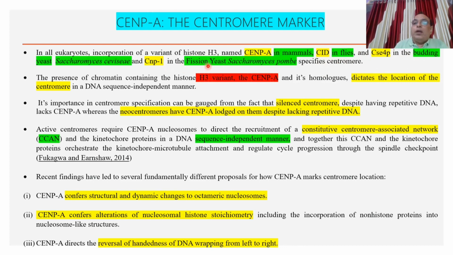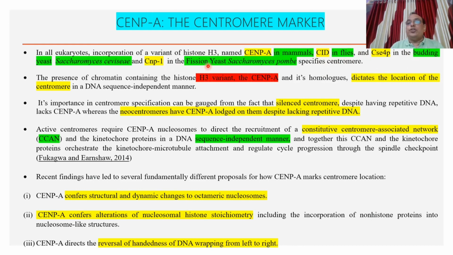So you should always be clear about canonical histone 3, that is, histone 3 found elsewhere on the chromosome, and CEN-H3, histone 3 found at the centromere.